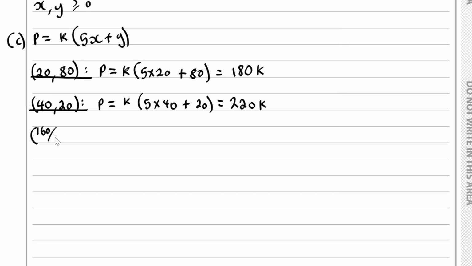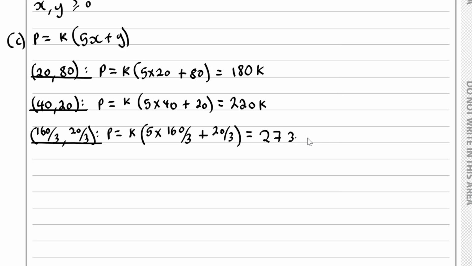So p equals k lots of 5 times 160 over 3 plus 20 over 3, which is 820 over 3, the same as 273.33, etc. And remember this k is just a constant.